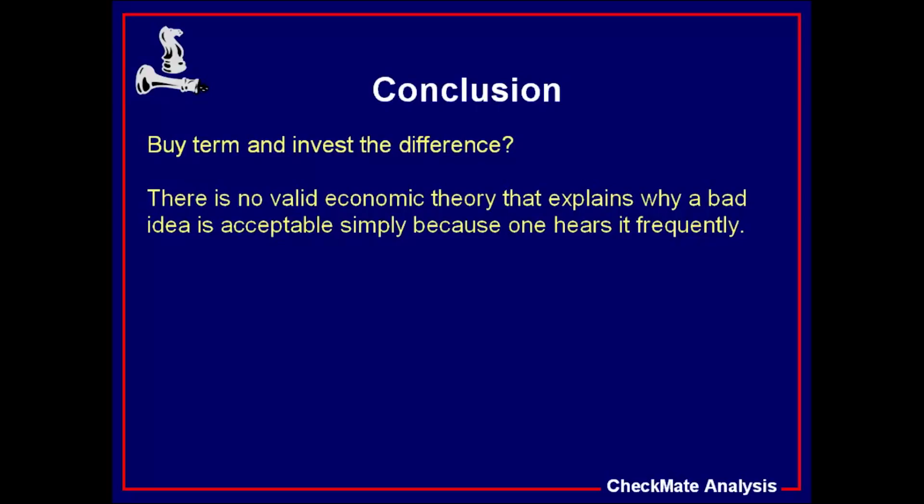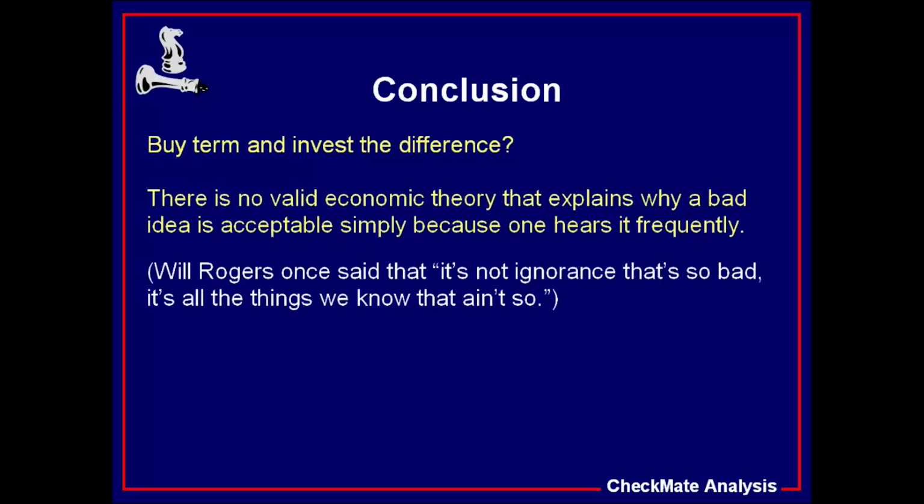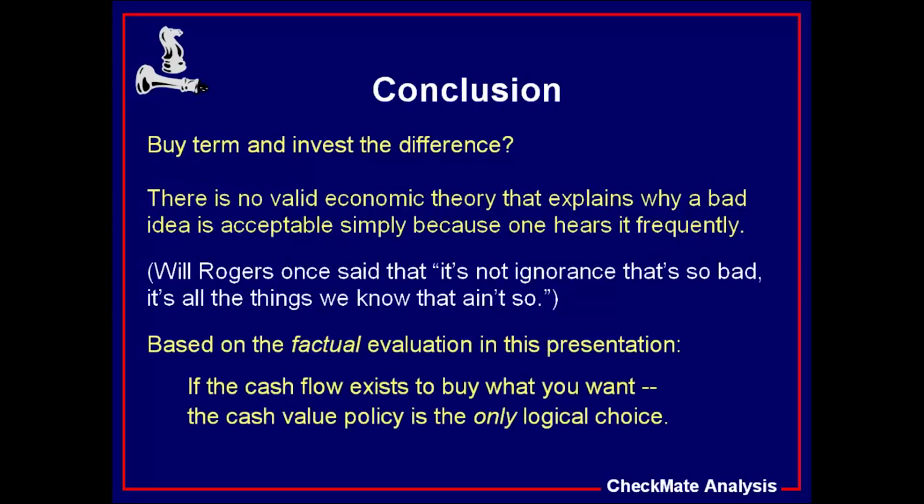But there is no theory that explains why a bad idea is a good one just because you hear it a lot. Will Rogers once said, it's not ignorance that's so bad, it's all the things we know that ain't so. The truth of the matter is, if the cash flow exists to buy what you want, the cash value policy is the only logical choice, for certain.